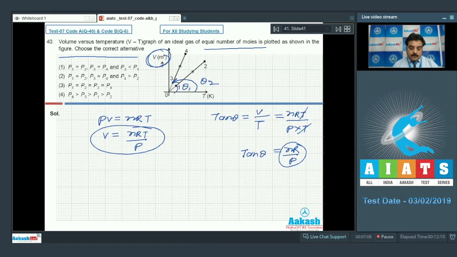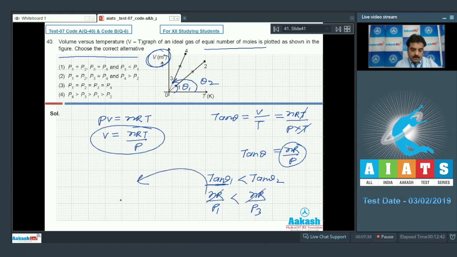Now if I compare both slopes tan theta 1 and tan theta 2, you can observe tan theta 2 is greater. Now I am going to place the values: as per the diagram, tan theta 1 is nR upon pressure P1, and for theta 2 it is nR upon P3. The nR will cancel out.